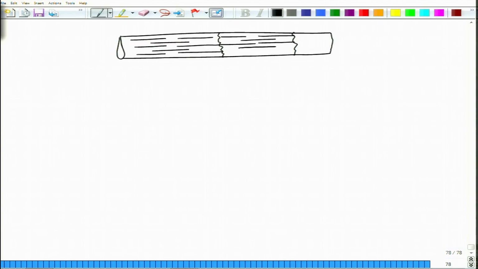Now you see there is a pattern here. If I had to put the pattern, it looks something like this. I am translating these lines, which I am making red now.